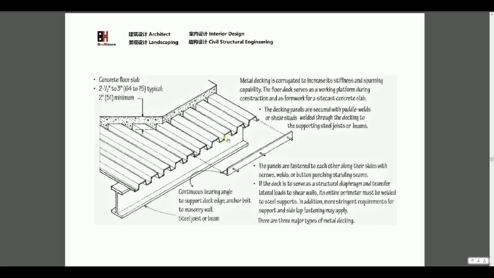Another one is the form. Also, the metal deck is for the reinforcement, just like the rebar, the same thing as rebar. So they combine the concrete and the metal deck together as a composite floor system.